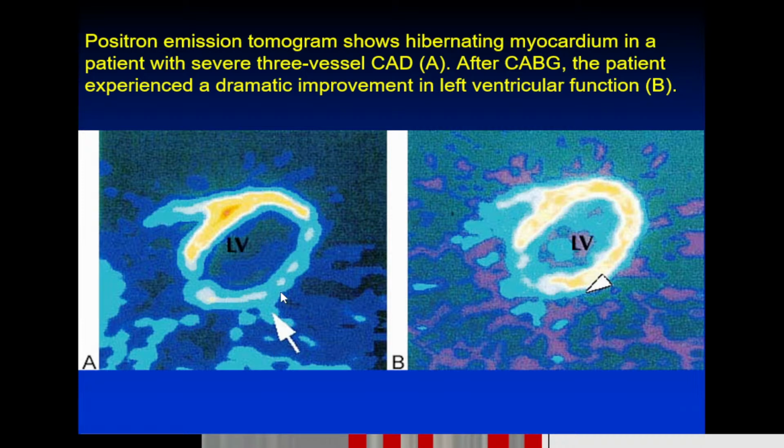Three branches: left anterior descending, left circumflex, and right coronary artery. Very significant decrease of the perfusion of the myocardium, and after successful CABG, coronary artery bypass grafting, the patient experienced dramatic improvement in left ventricular function.